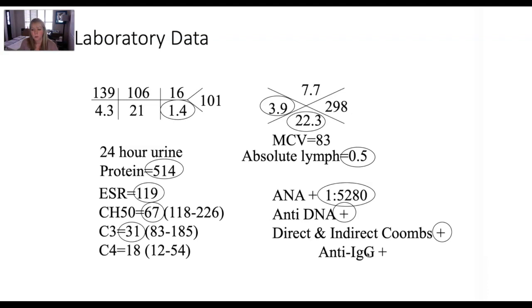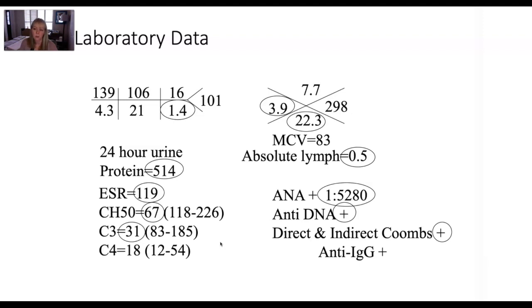So most likely for testing purposes, you're not going to need to know all of these, but you just need to know that there is a further workup involved. And where you're working in primary care will depend on how deep you are going into all these, the CH50, indirect and direct Coombs. That's when you'd be talking to rheumatology, and they'd say, hey, can you order these tests, or I will take care of it in rheumatology.